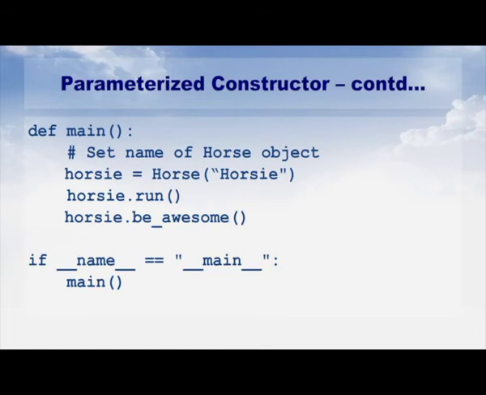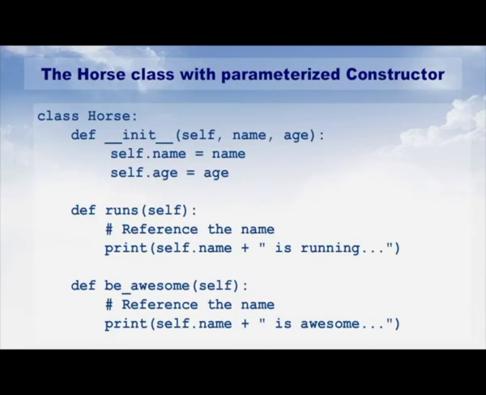So, we use horse, open parenthesis, close parenthesis, and within that we pass a string called horsey, and that string gets assigned as a name to the horsey object. Then we say horsey dot run, then horsey dot be awesome. These are the only changes compared to the previous program, and now you see the output as you run the program.